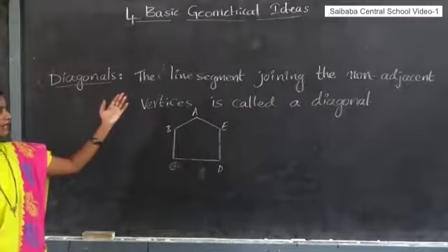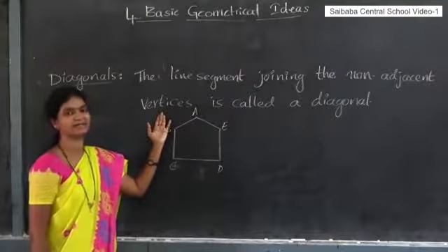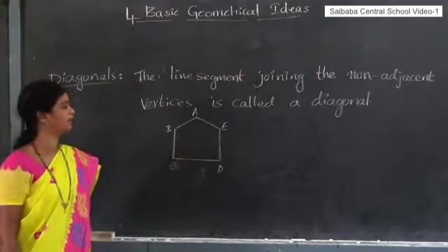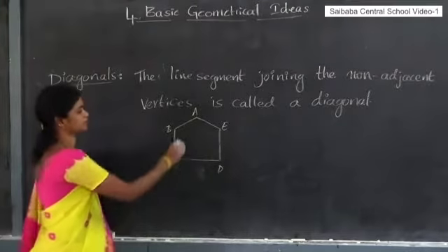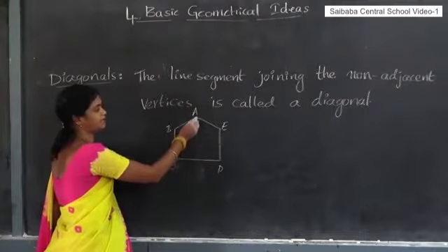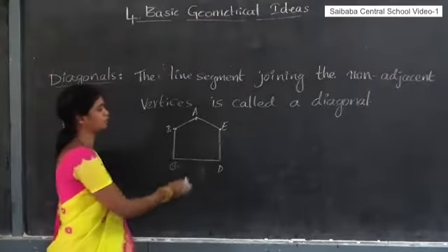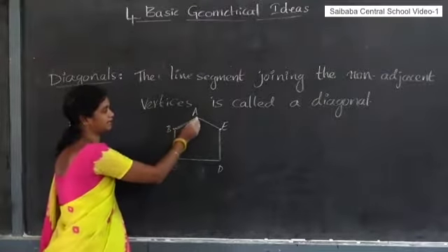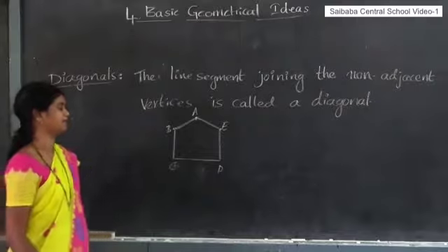Diagonals. The line segments joining the non-adjacent vertices are called diagonals. Just before, I explained what the adjacent vertices are. For A, the adjacent vertices are B and E. If you join adjacent vertices, we get a side.